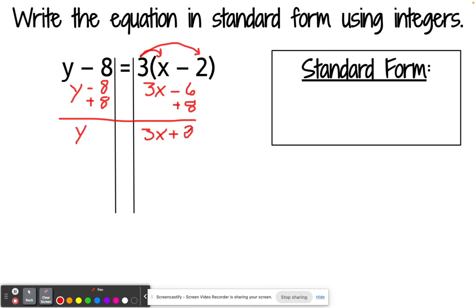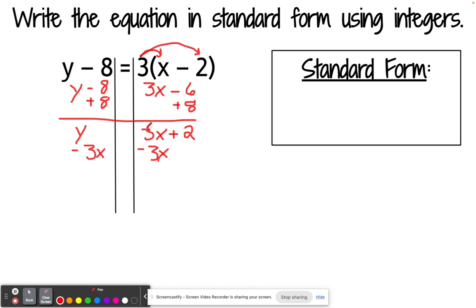I'm getting there. Now my 3x is still over here, so I got to move that to the other side. Do you recognize the form that it was in? That is point slope form. I'm going to subtract 3x from both sides.